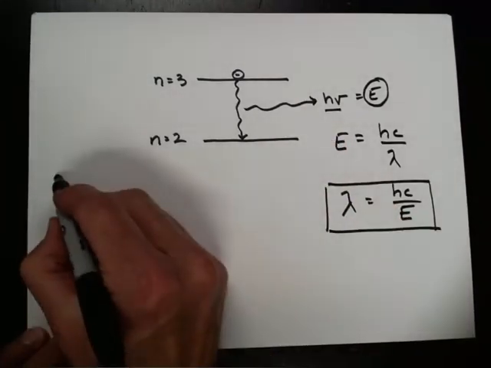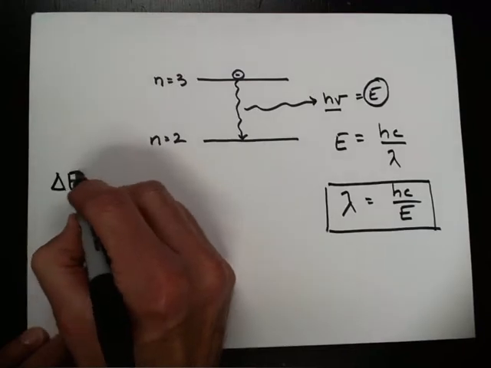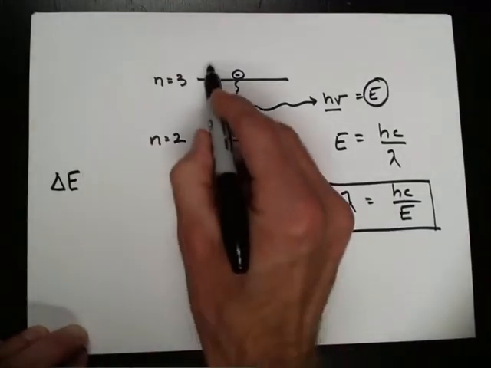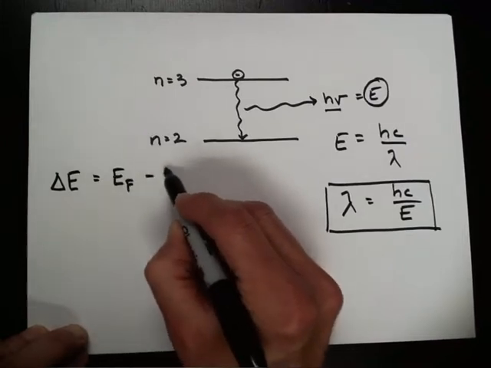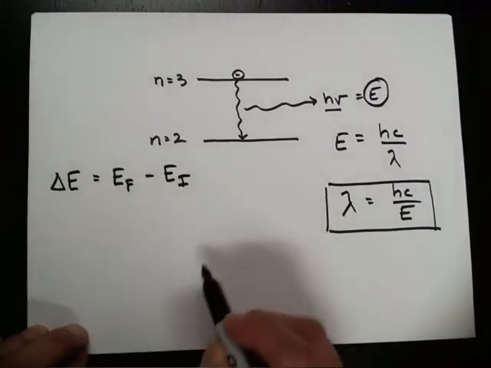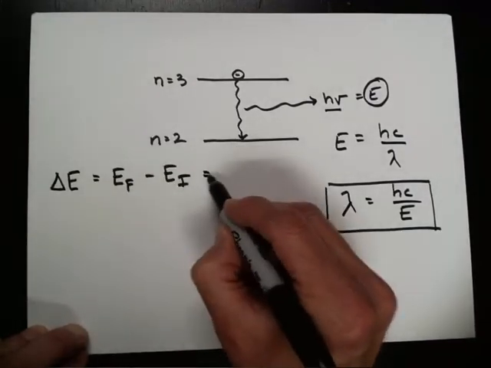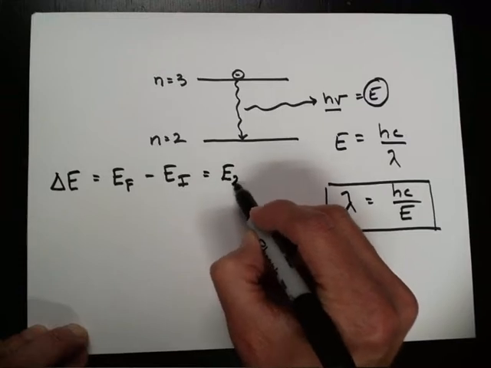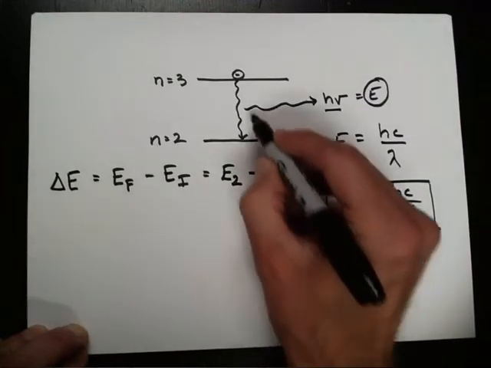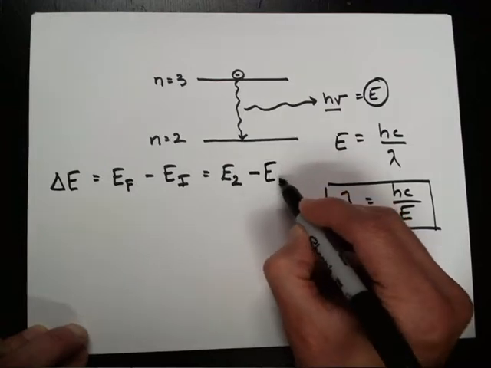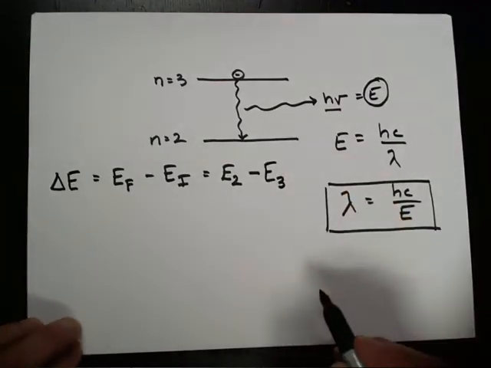So we need to calculate the difference in energy between these two states, which of course is always the final state minus the initial state. In this case, the final state will be the energy of the second shell, because that's where we're ending up. And we're going to subtract from that the energy of the initial shell, which is E3.